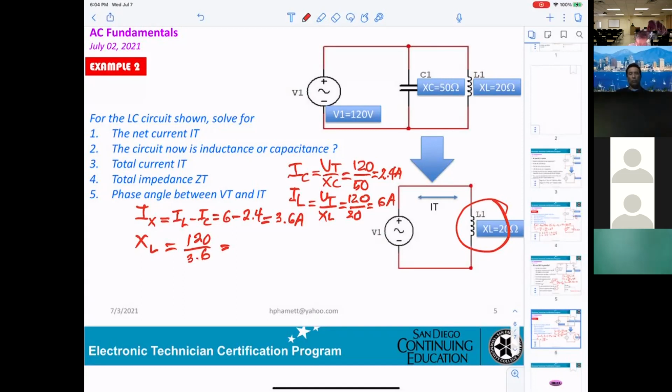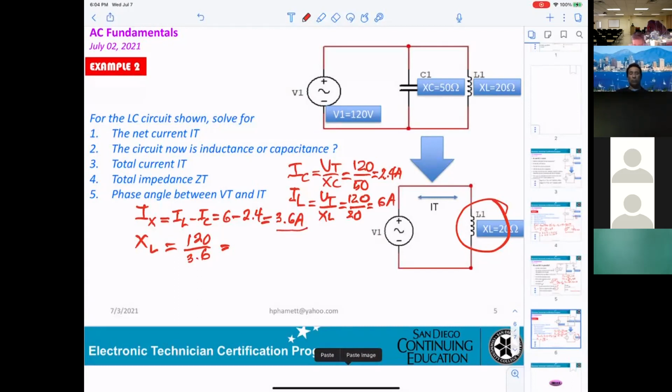Total current will be 3.6 amps. And the total impedance, that means you take 120 divided by 3.6, you get 33.3.